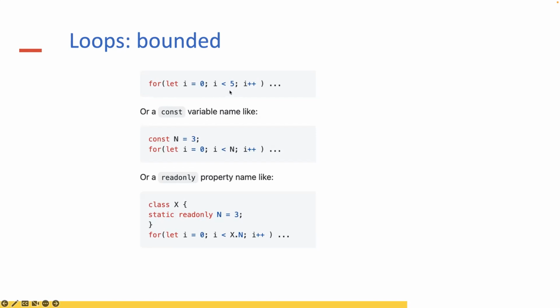One is just to use a literal here, that's 5. Or you can define a constant number and put it here. That's another way. Or in TypeScript, you can also define a readonly and put it here. So this is the only type of loop that's allowed in a smart contract in our framework.